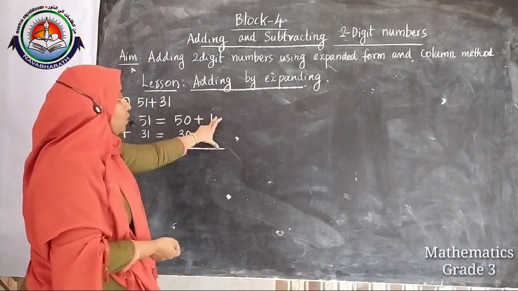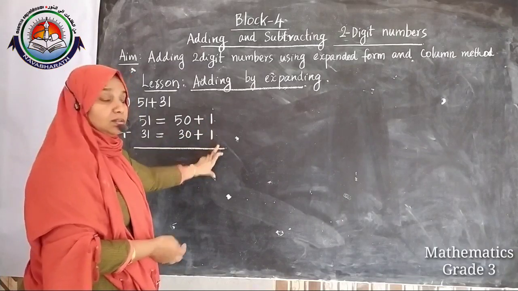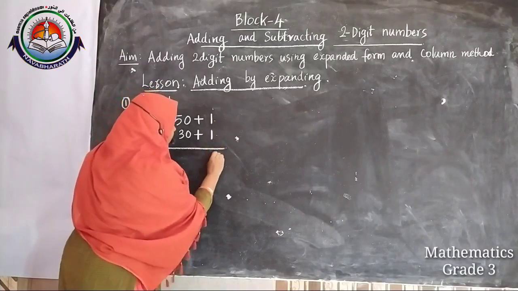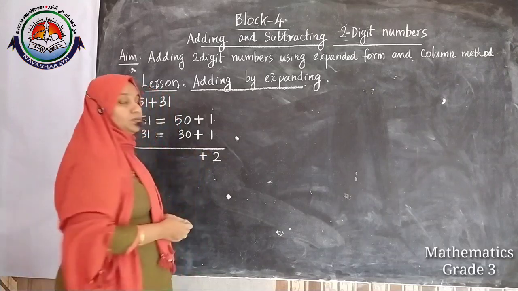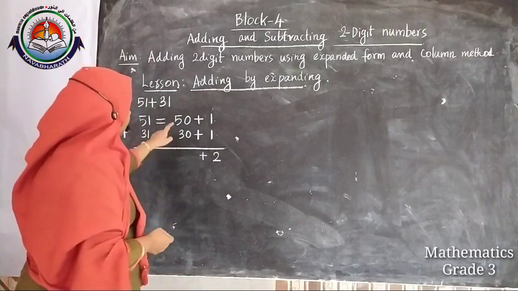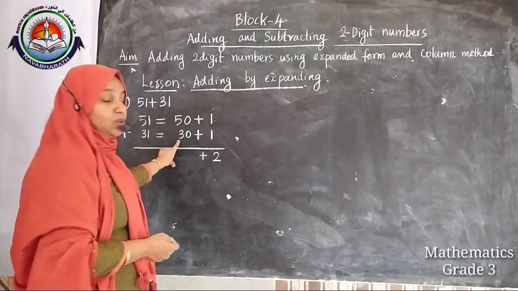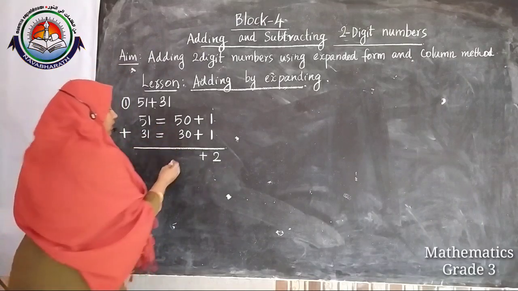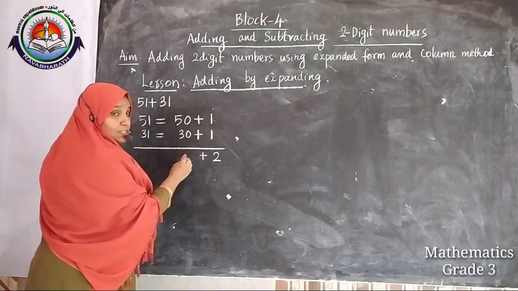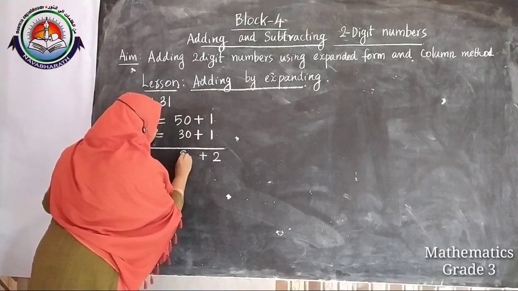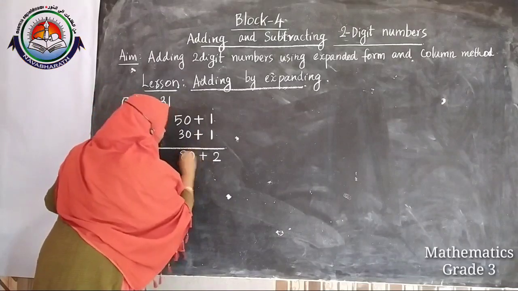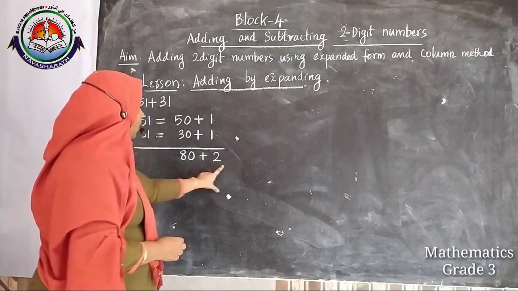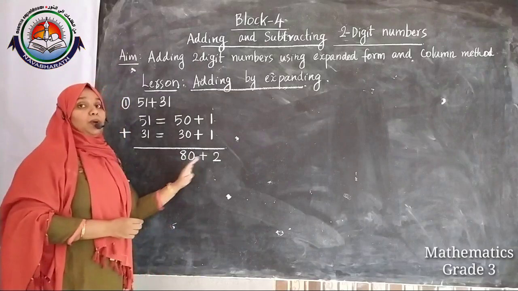How many ones are here? 1 plus 1, that is 2. Then what is 50 plus 30? You add 5 and 3. What is 5 plus 3? It is 8, and put this 0. So we have 80. Then we got the answer 80 plus 2.